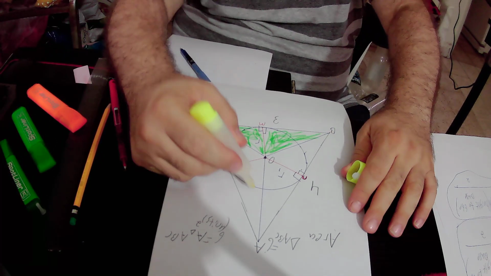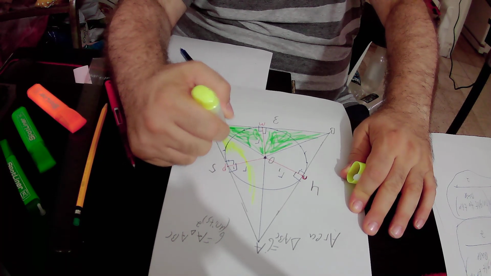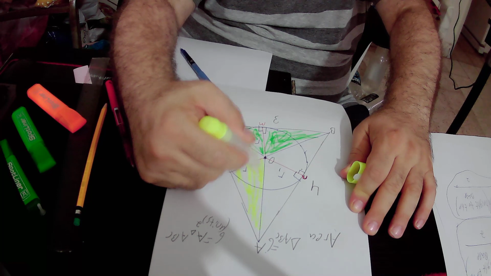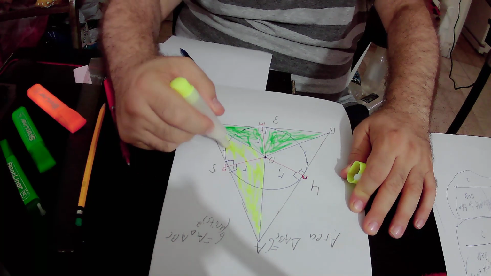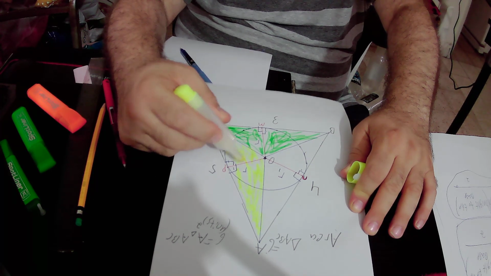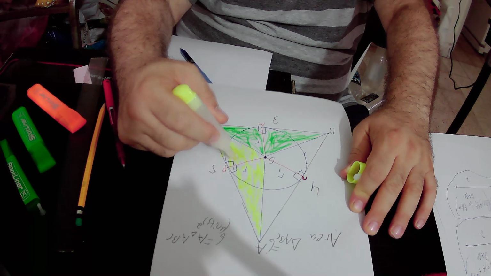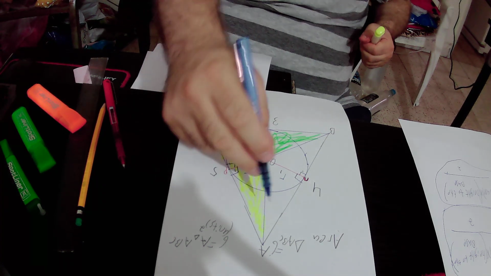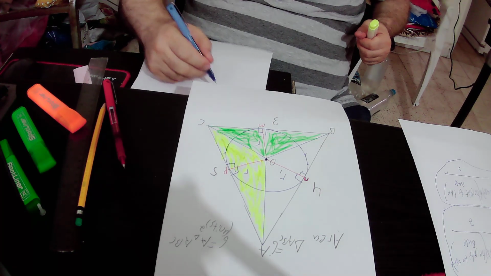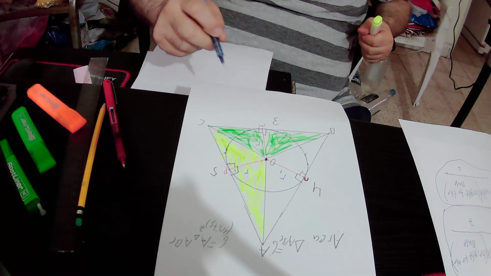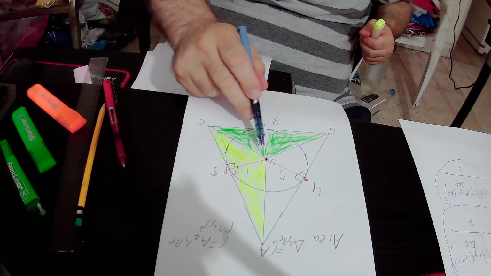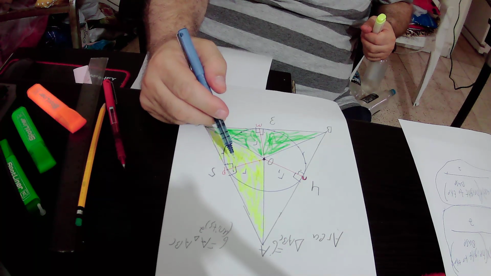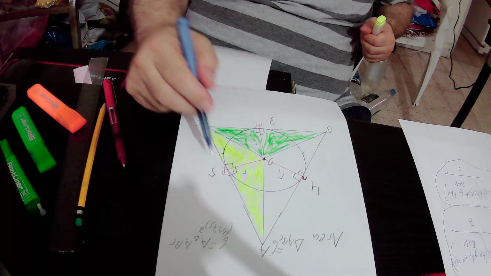So the area of the yellow triangle, triangle AOC, will be equal to the base of the triangle, which equals 5 units, times the height of the yellow triangle, that is the radius of the circle, because the radius creates 90 degrees with the base.